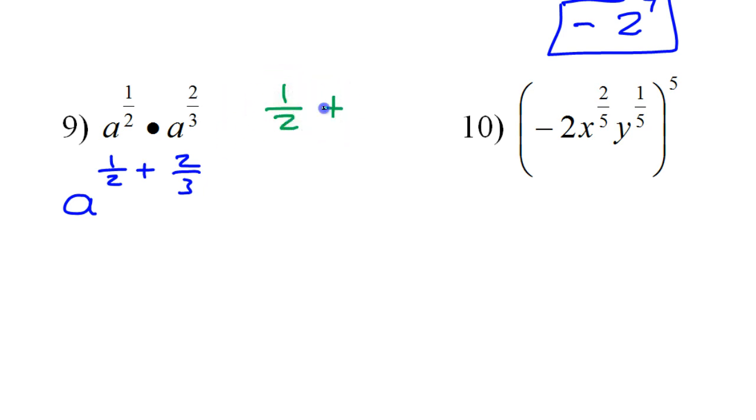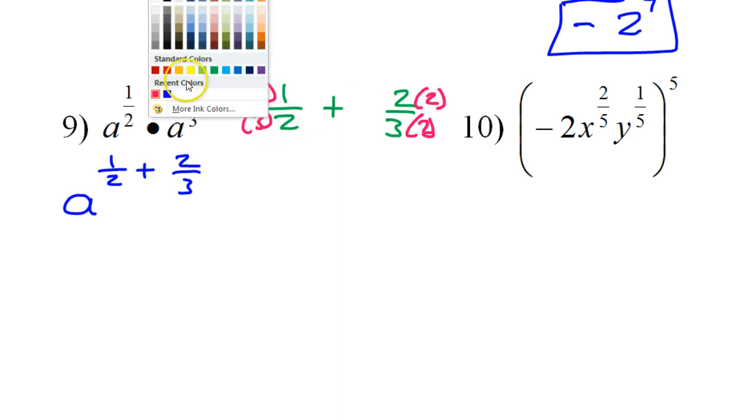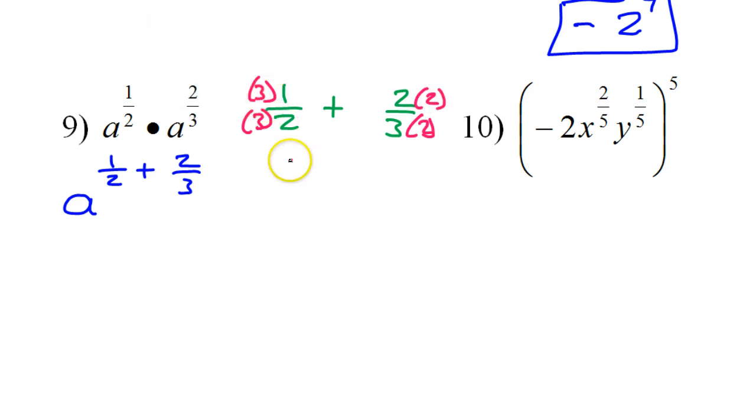Okay, 1/2 plus 2/3. Let's change these both into a denominator of 6. So I could do this times 3 and do this times 2. So that's going to give us 3 over 6 plus 4 over 6, which is 7/6.